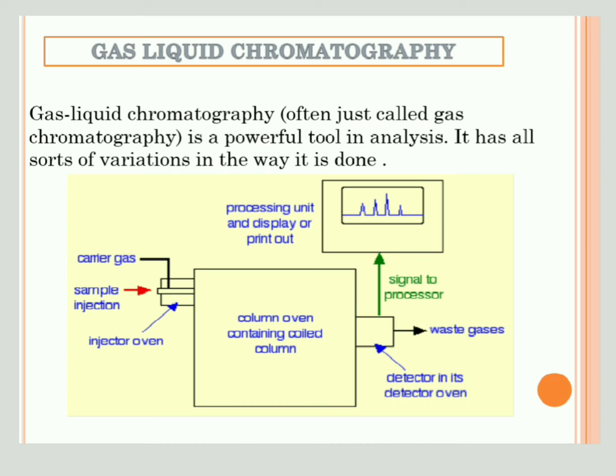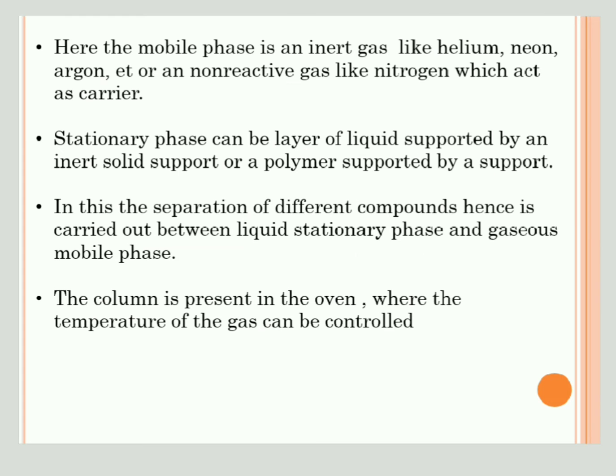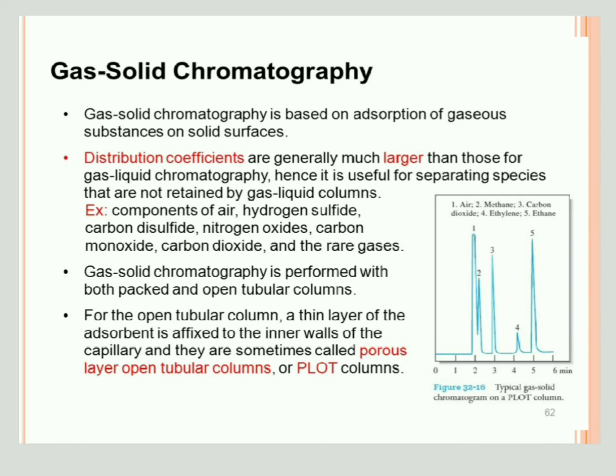It is hot enough so that all the sample boils and is carried into the column as a gas by helium or other carrier gases. Then the detector detects and we can observe the peaks. The separation of different compounds is thus carried out between a liquid stationary phase and a gaseous mobile phase.